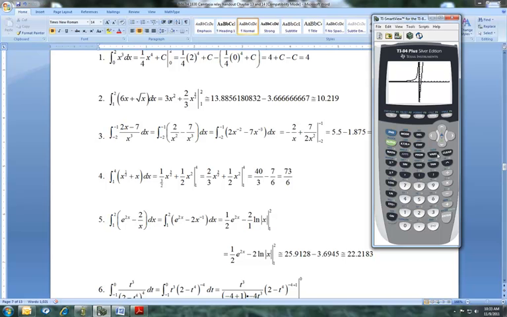Okay, we're going from 1 to 2. So remember, I'm going to do second trace for the calc menu, hit number 7. It will ask you for your lower limit, which is 1. Hit enter. Upper limit 2, and let the shading begin, and that should jive with your answer, which it does.